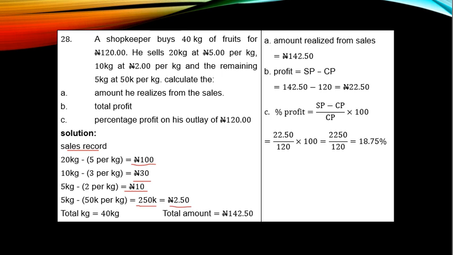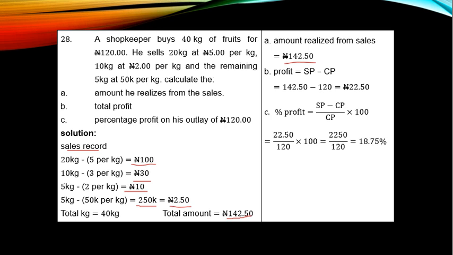So the total kilogram is 40. If you add up the total amount, that gives 142 naira 50 kobo. So A, the amount realized from the sales, is 142 naira 50 kobo. Now if you compare the amount realized and the cost price, the selling price is higher.